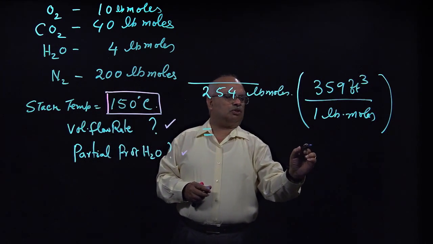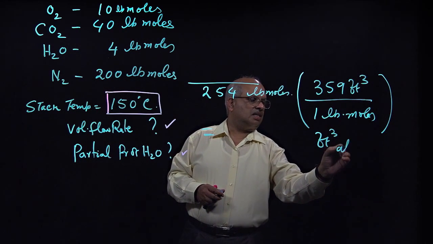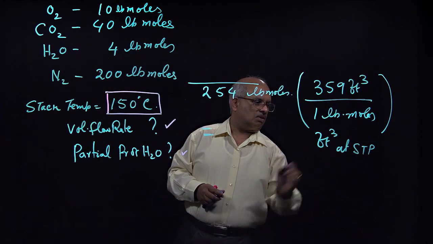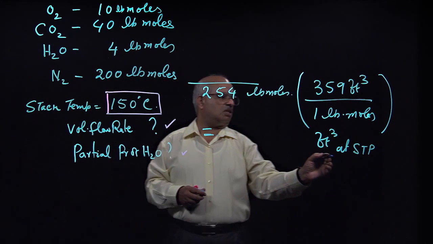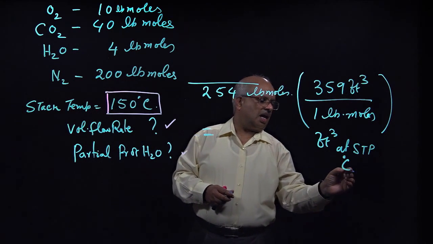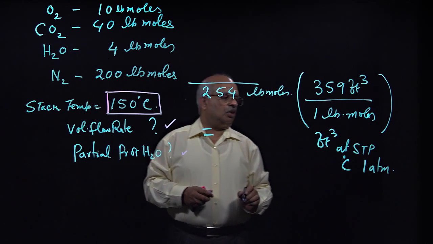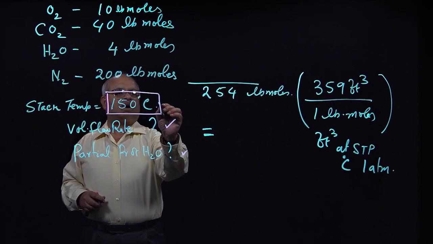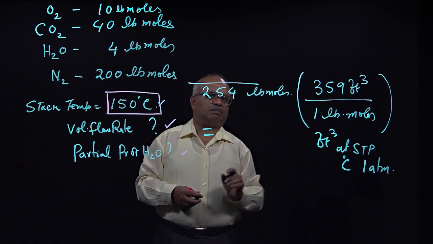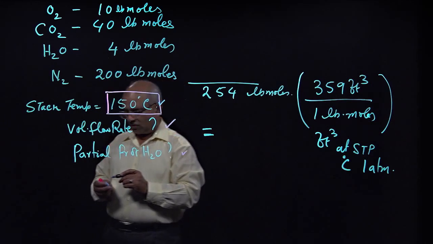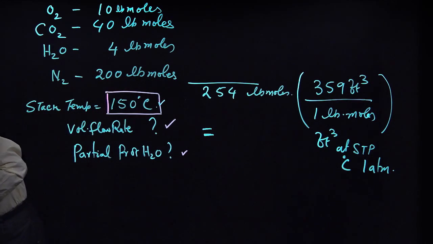This volume will be in cubic feet, at STP, standard temperature and pressure, which is 0 degrees Celsius and 1 atmosphere. Now, the gas is actually leaving at 150 degrees Celsius, so we need to correct the volume to this temperature. So now 254 times 359.